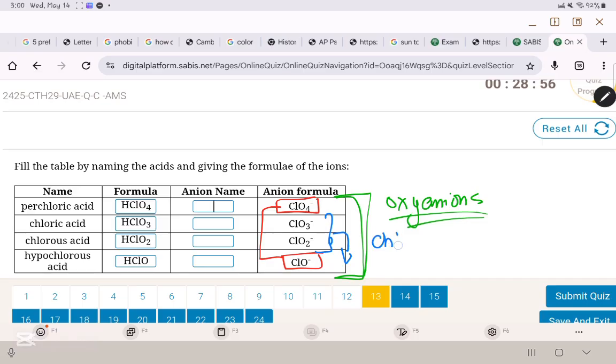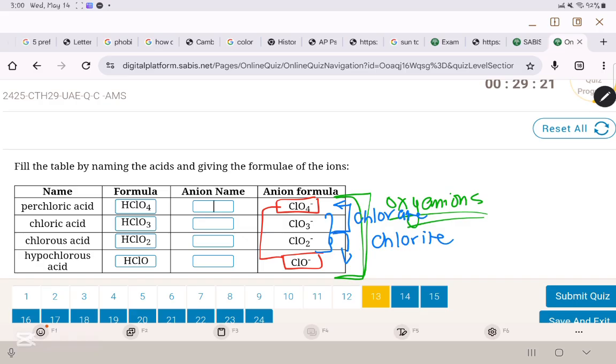So it's going to be "chlor," which is the root of the name, and then "ite." However, the one that is closest to the one with the most oxygen will take the suffix "ate." So the root "chlor," and then "ate." So chlorite if it's closer to less oxygen, chlorate if it's closer to more oxygen.